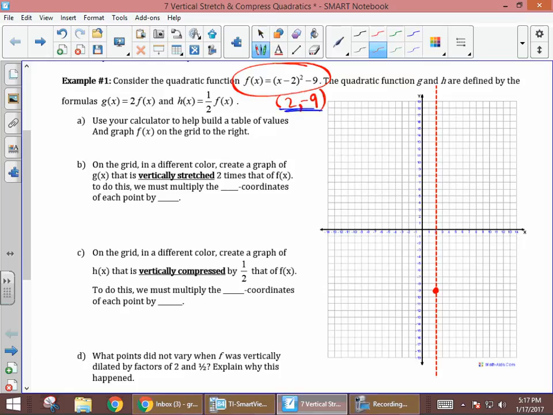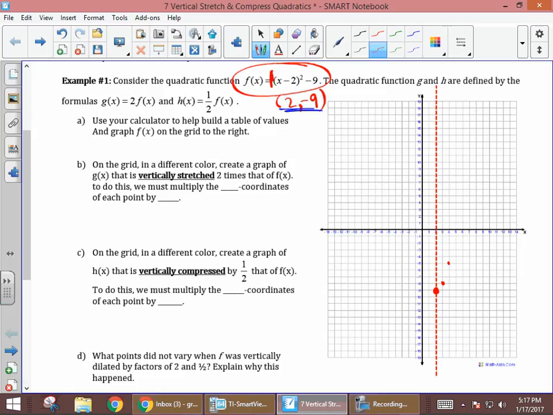That's right here. And we can see that the coefficient in front is a positive 1. Therefore, it will act just like the parent. And when I go 1 away, I go up 1 squared, which is 1.